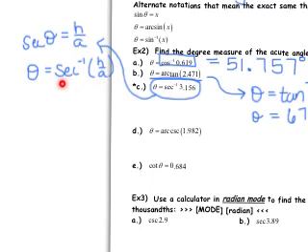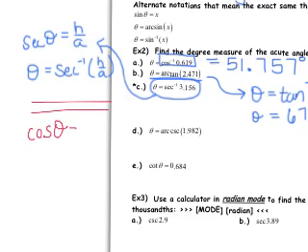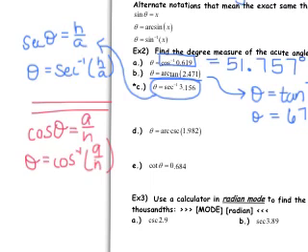Now the problem is I don't have this in my calculator. But we do know that instead of using secant, if I still wanted to talk about the ratio h and a, I could say, well, instead, I know cosine of that theta would be a over h. So that theta would equal cosine inverse of a over h. Now, assuming we're talking about the same a and the same h, I can use cosine inverse, and I would just flip that ratio inside the parentheses.